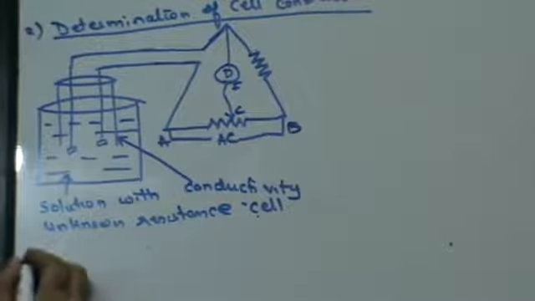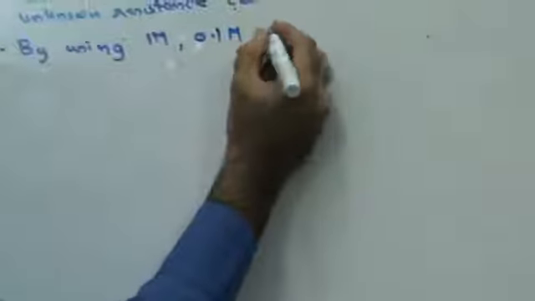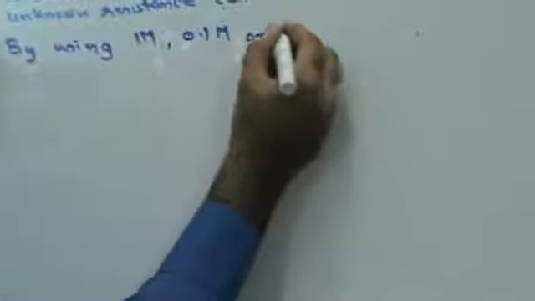So first thing I need to make sure is that by using 1 molar or 0.1 molar or 0.01 molar KCl solution, cell constant can be determined.